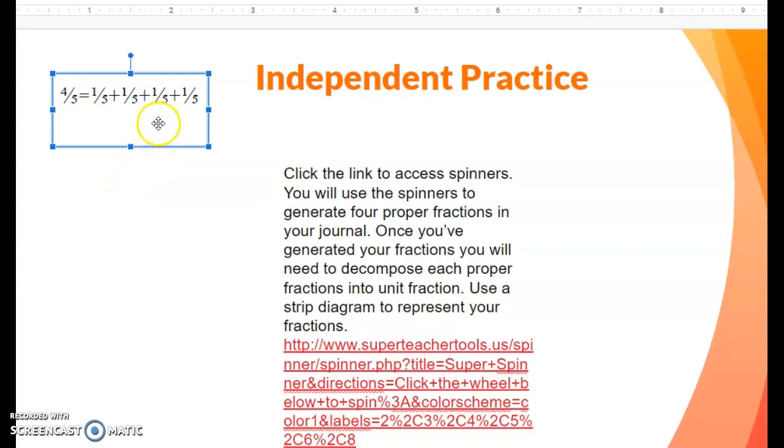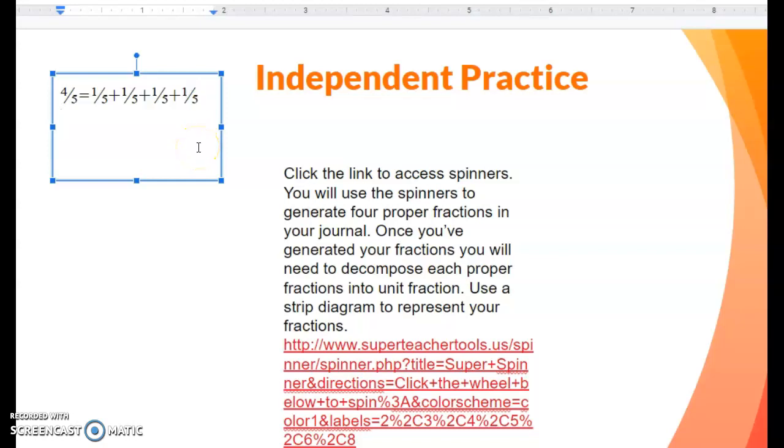And so you're going to generate 4 proper fractions using the spinner. If you spin a 5 and a 5, you can still represent that fraction as a unit fraction because the numerator and the denominator are the same.